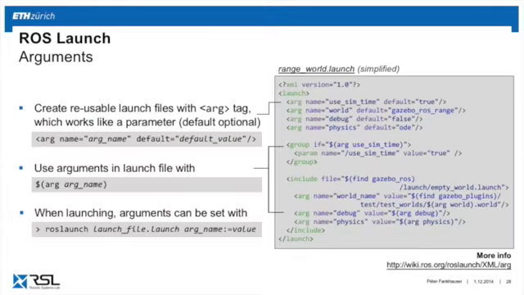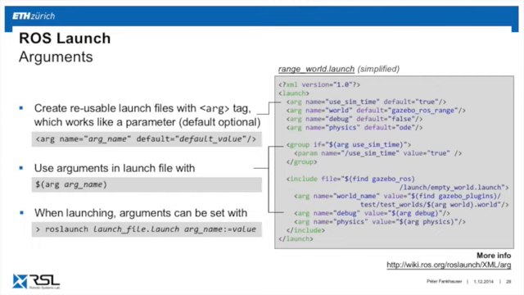Now here's another launch file on the right-hand side. One of the nice things is that once you build up a nice launch file, you can reuse it with different parameters. This is where the argument tag comes into play. In this example, it starts the simulation and has four arguments saying use simulation time, which world to use, whether to run in debug mode or not, and which physics engine to use.